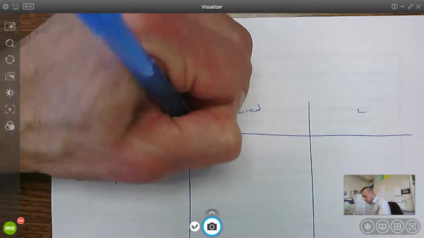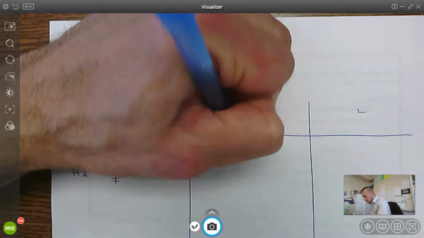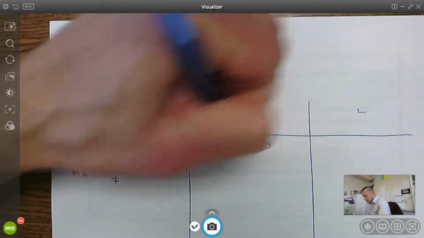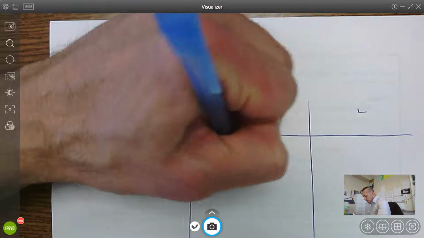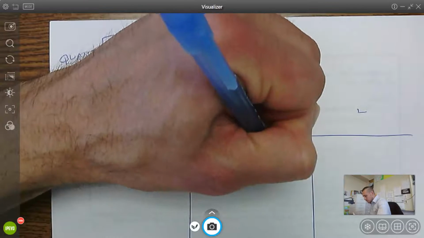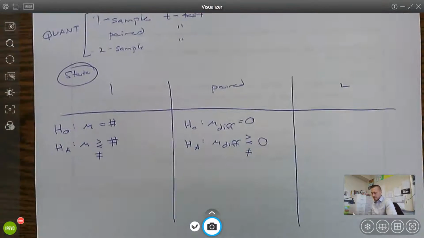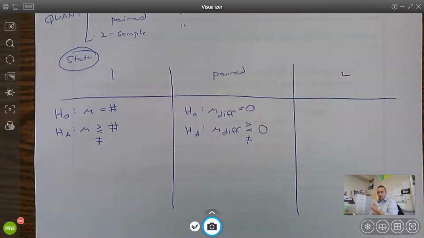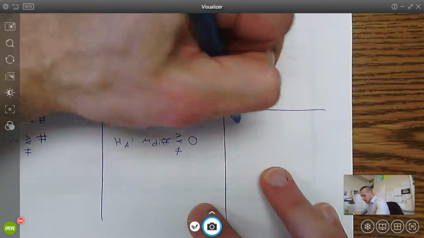Paired, this is where mu sub diff equals 0, the mean difference. And the alternative is that difference is greater than, less than, or not equal to 0. You'd have to explicitly state the difference. Is it before minus after, standing minus sitting? You'd have to be explicit about that.